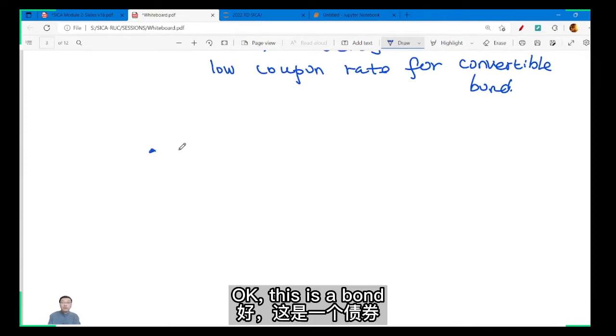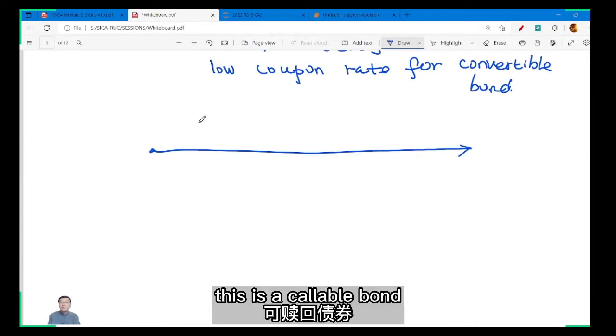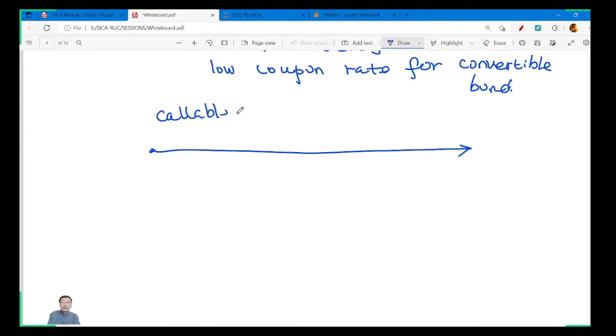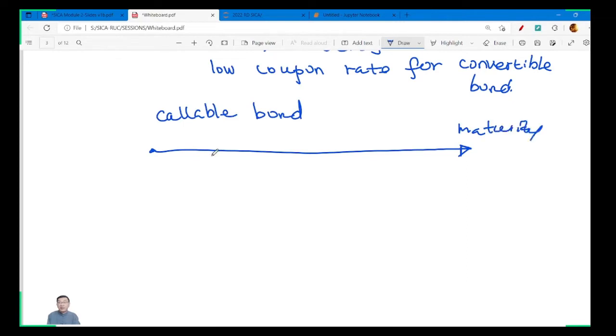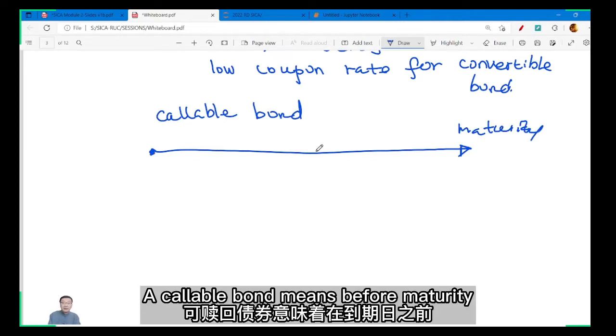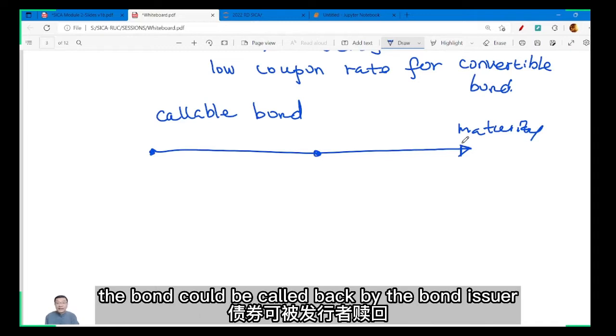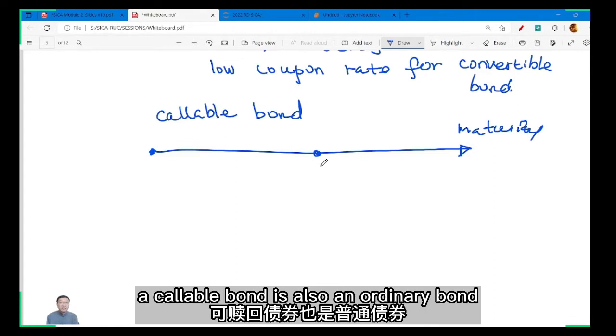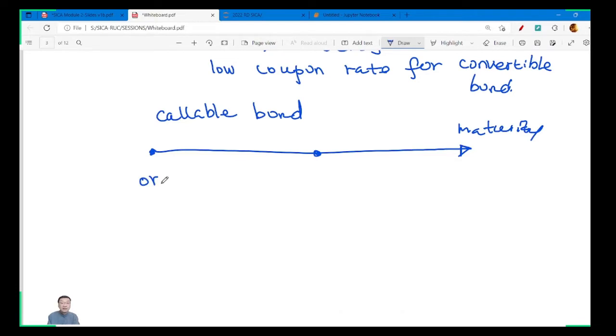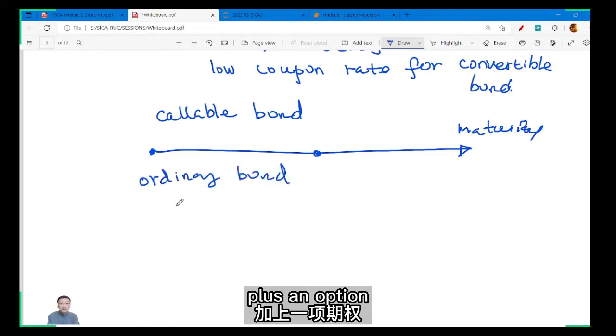Okay, this is a bond. This is a callable bond. This is its maturity. A callable bond means before maturity, the bond could be called back by the bond issuer. Or in other words, a callable bond is also an ordinary bond plus an option.